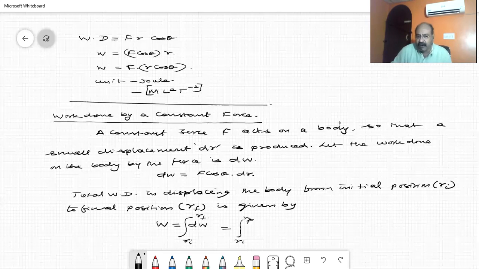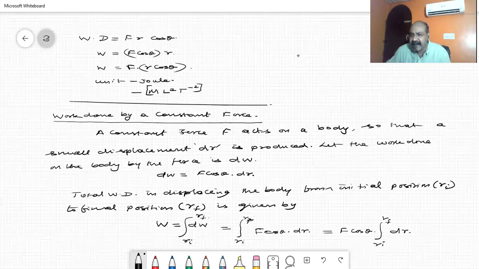What is dW here? In the above equation I have written, that is F cos θ multiplied with dr. Here F cos θ is a constant, since a constant force is acting on it. The only quantity that is varying is displacement. So the integral from Ri to Rf of dr.